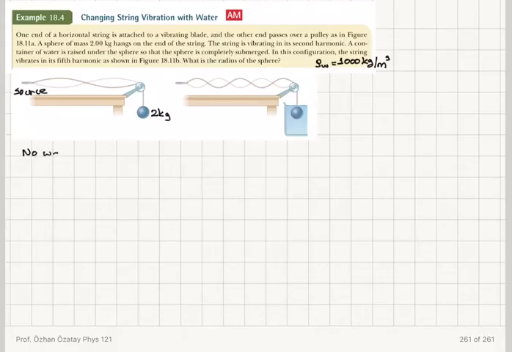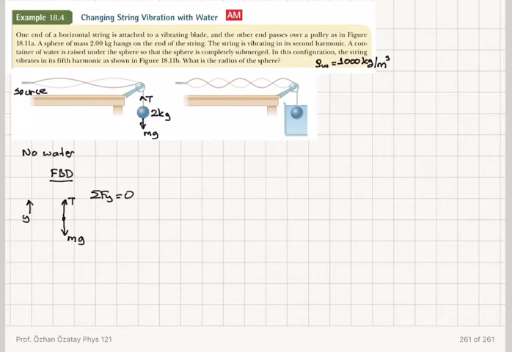So if I look at the first situation, no water situation, the free body diagram tells me that I have equilibrium and this sphere has its weight mg and the tension T. So there is the tension T and its weight mg.